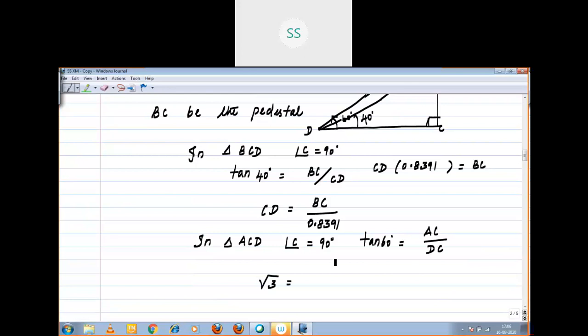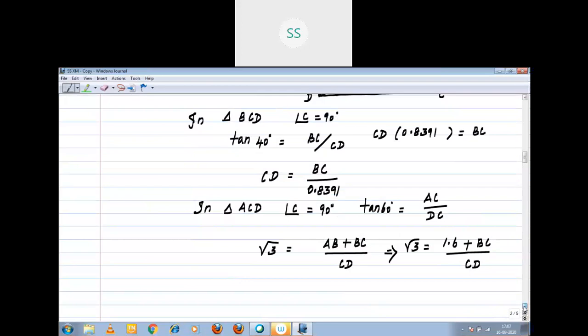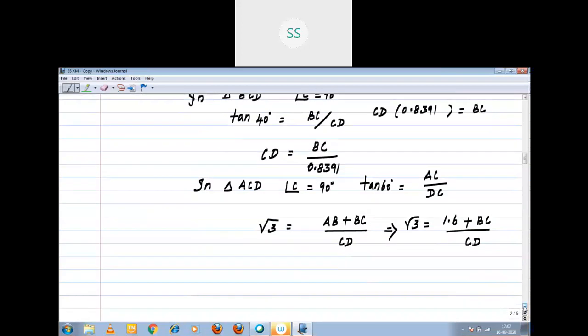Now, tan 60 degrees, you know, is root 3. AC is nothing but AB plus BC, divided by CD. Which implies root 3 equals 1.6 plus BC, divided by CD, replacing AB by 1.6.